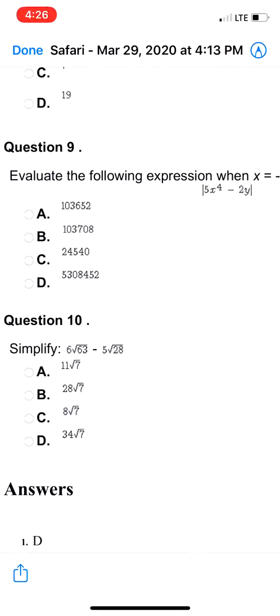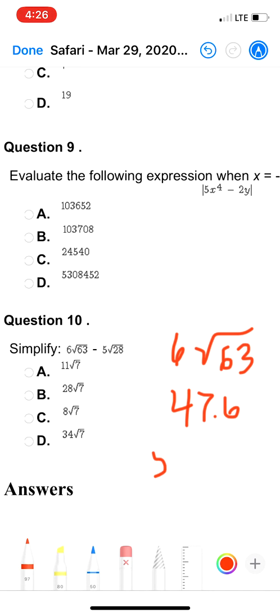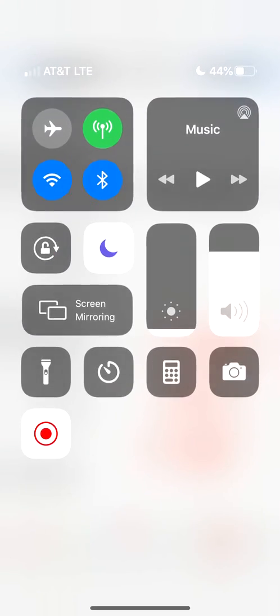Let me write that down. $47.6. All right, and then I'm going to put 5 square root of 28 in. Our calculators at school will be so helpful for this right now.